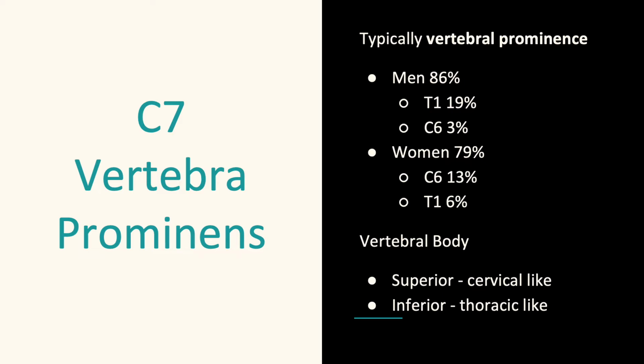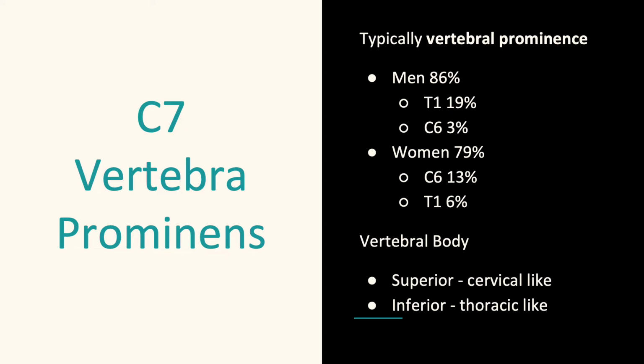There's that little saying in spinal anatomy, women above men, so a lot of these anatomical variances between females and males are going to occur more superiorly in females and more inferiorly in males.